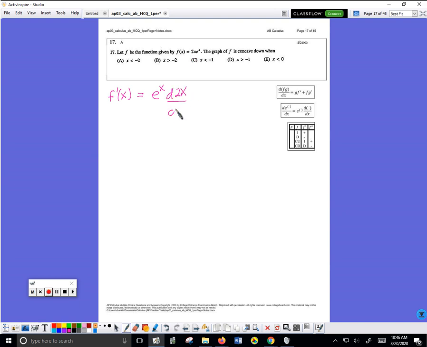Again, because the input variable is x, I write d over dx, plus the first, which is 2x, multiplied by d over dx of the second, which is e to the x. So now this becomes 2. The derivative of e to the x is just e to the x. That's f prime.